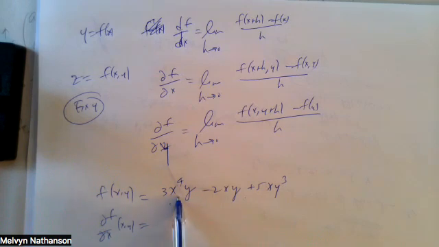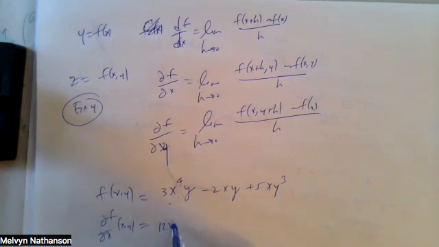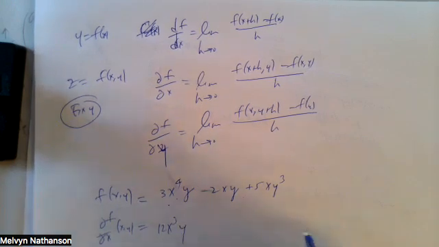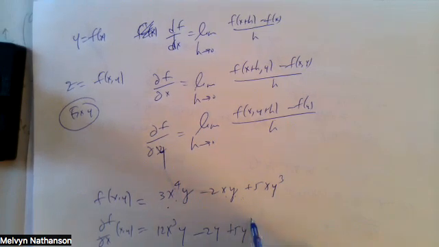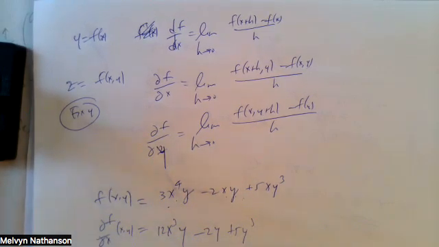The derivative of 3x to the fourth is 12x cubed times y. The derivative of 2x is 2 times y. The derivative of 5x is 5. That's 5y cubed. So for this function, this is the partial of f with respect to x.